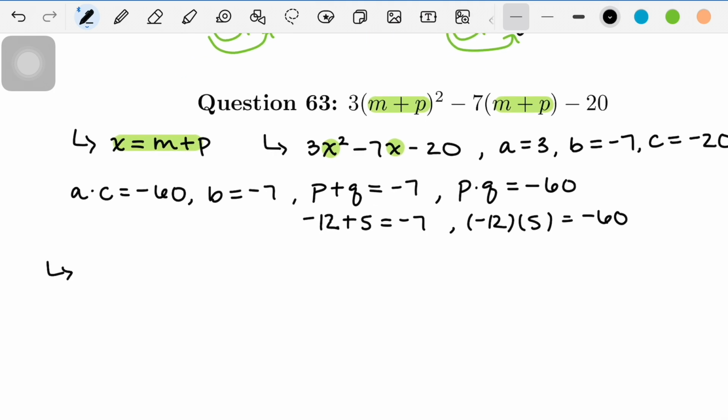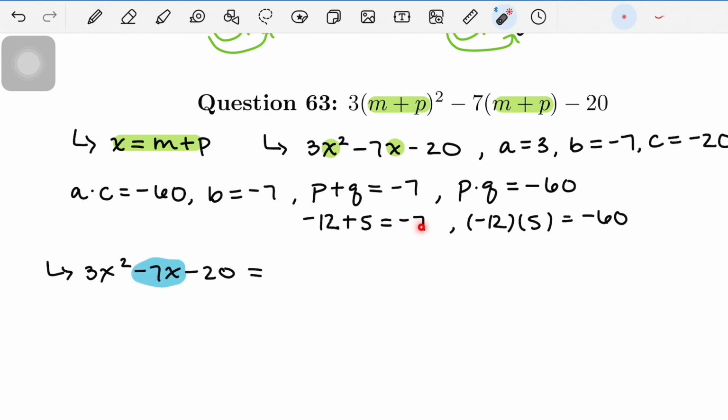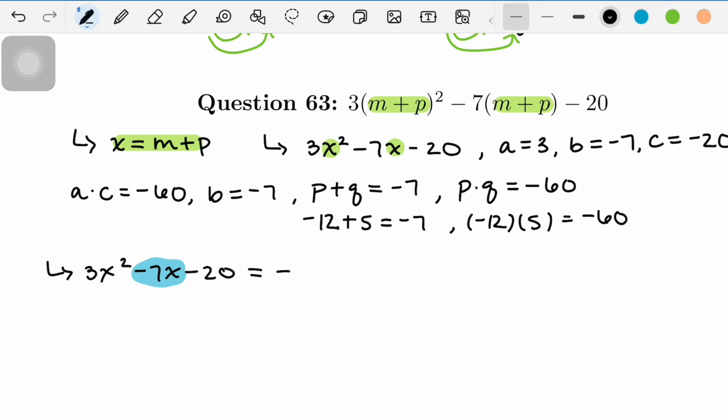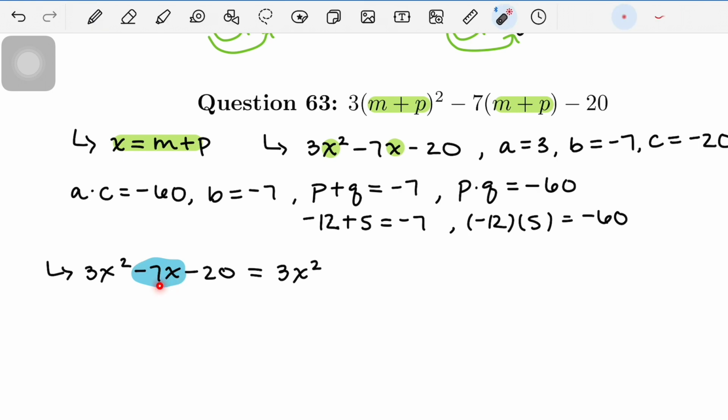And so what we're going to do with these values is actually rewrite our polynomial. So what we're going to do is we're going to rewrite this middle bx term here using our p and q values. So we just have this 3x squared here, and we have minus 7x.